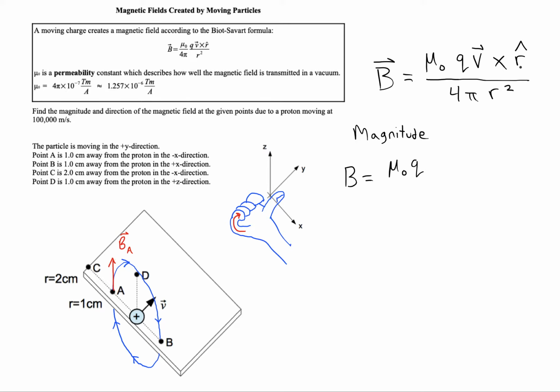We've seen in the past that a cross product can be given by the magnitude of the first vector times the magnitude of the second vector involved, and then times the sine of the theta between them.